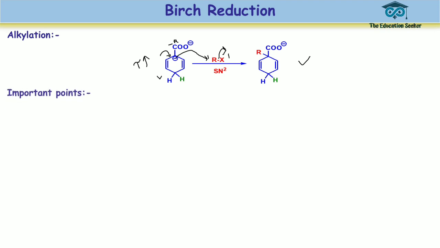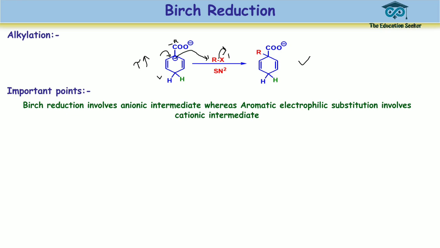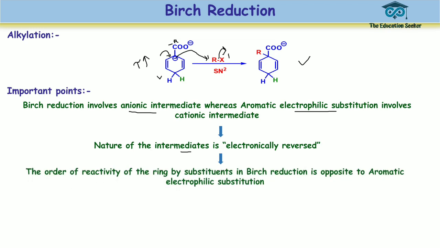One important point that I want to mention here is that Birch reduction involves an anionic intermediate, whereas aromatic electrophilic substitution involves a cationic intermediate. So the nature of the intermediates is electronically reversed. So the order of reactivity of the ring by substituents in Birch reduction is opposite to aromatic electrophilic substitution.